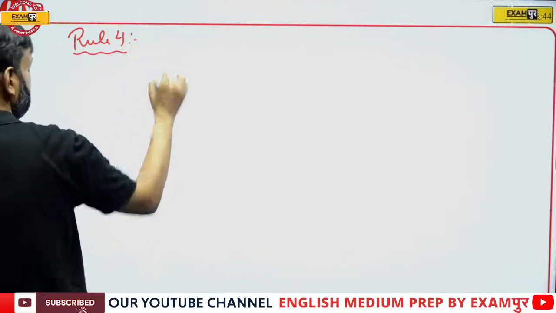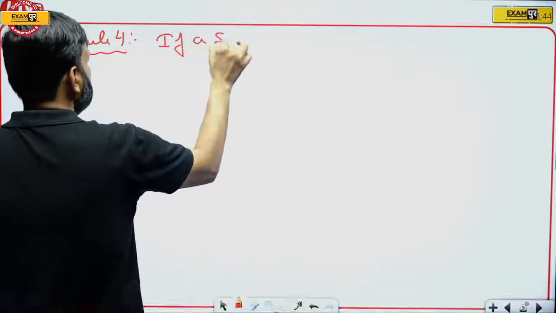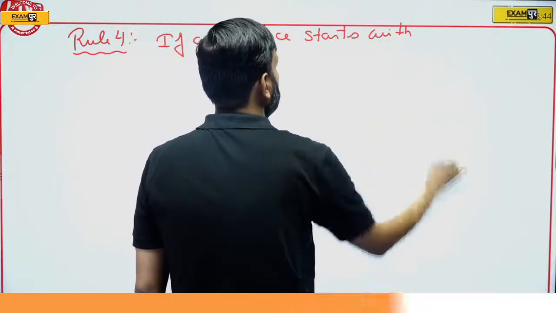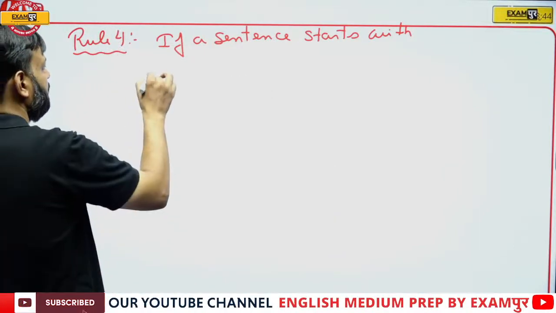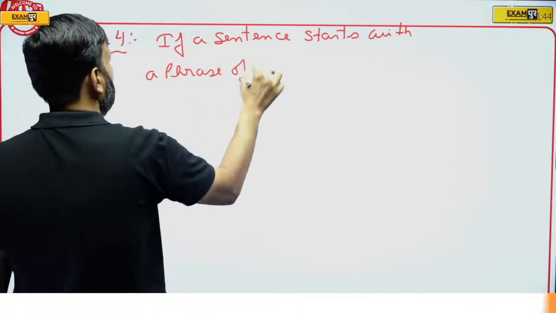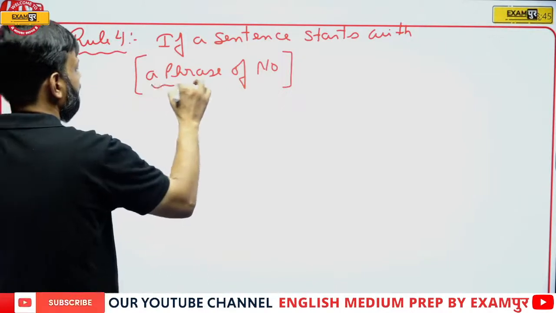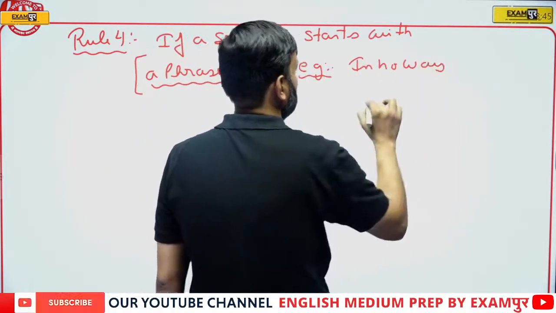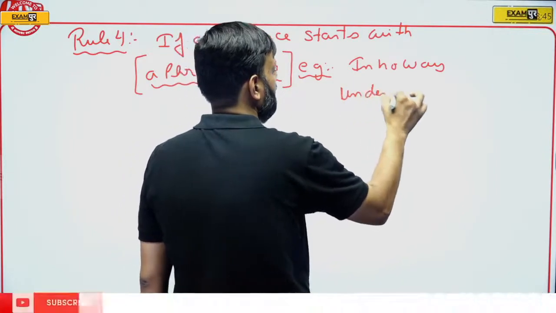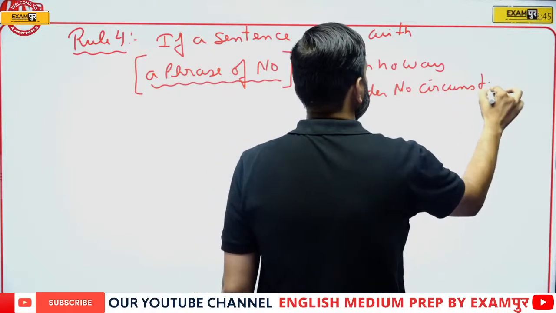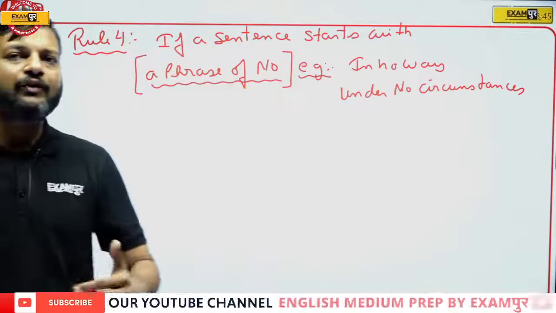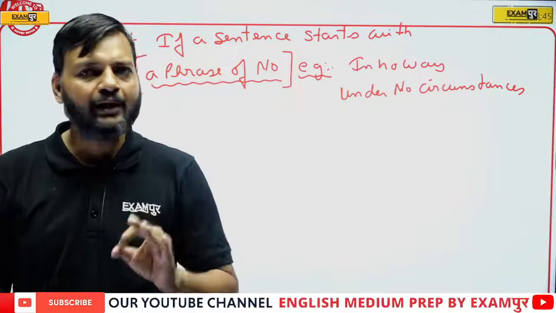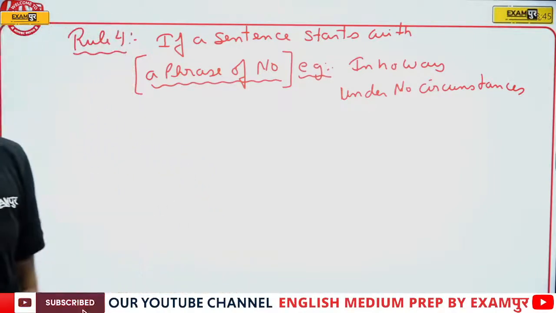If a sentence starts with a phrase of no, for example, in no way, or under no circumstances, any phrase which has no in it is called a phrase of no.